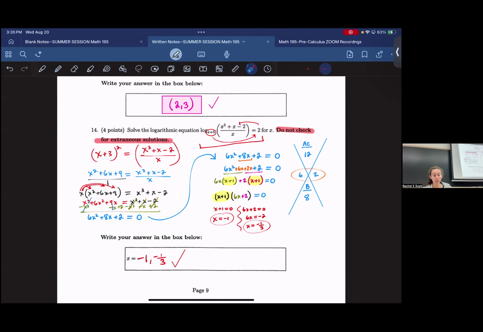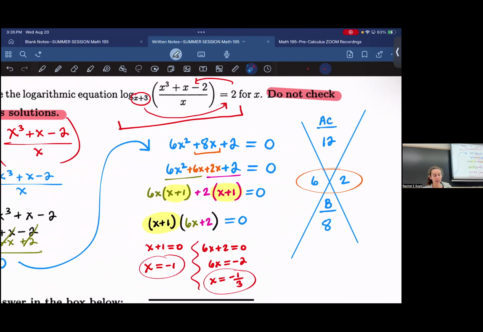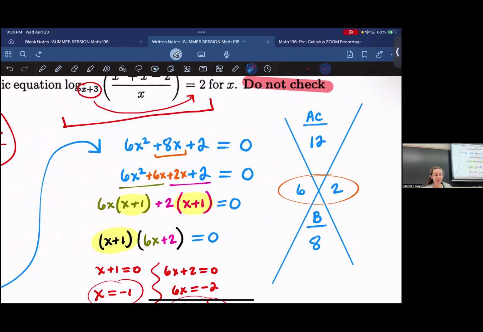AC method. Okay. So no, good question. It's going to be there. It's important to know. But I'm glad you asked. So AC method, remember when you're looking at any quadratic function, it's in the form of ax squared plus bx plus c.